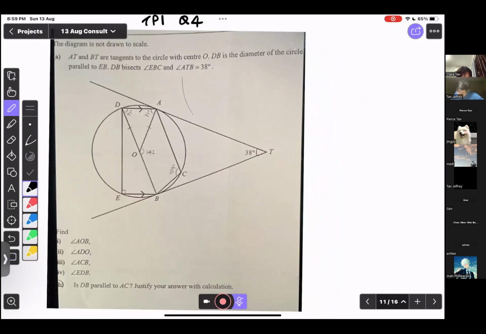Is D parallel to AC? I can't tell. Are they parallel? Probably, right? Since these two are the same. Time prep 1, question 4.